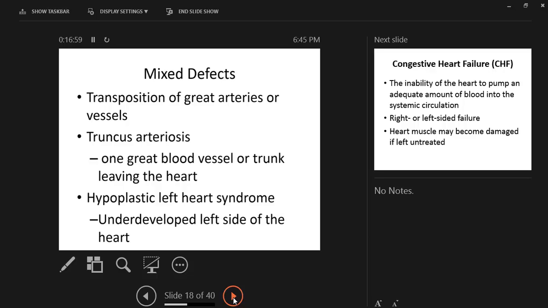Some of the deoxygenated blood mixes with the oxygenated blood, and so they don't have as good a capacity with oxygenation. Hypoplastic left heart syndrome is an underdeveloped left side of the heart. In fact, it can be so underdeveloped that it can be non-existent. There's just the right ventricle. Of course, that doesn't work too well for circulation.